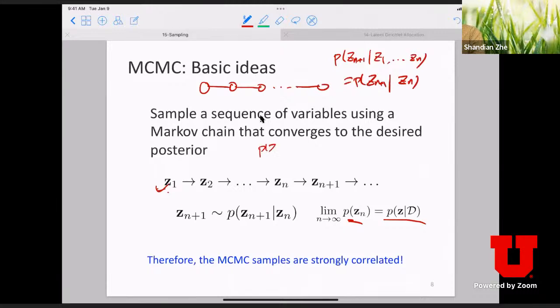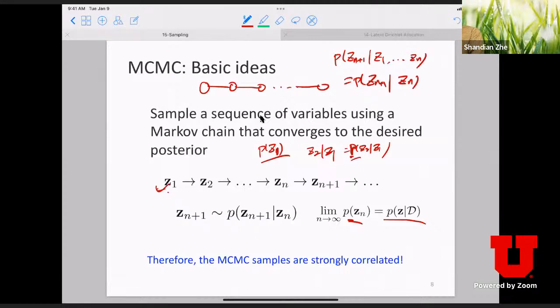Sampling from your chain is very easy, right? You just give an initial distribution to sample Z1, and given Z1 sample Z2 from this conditional distribution. Given Z2 sample Z3, keep doing that. That's it. So the key is how to construct this conditional distribution to generate the next sample.